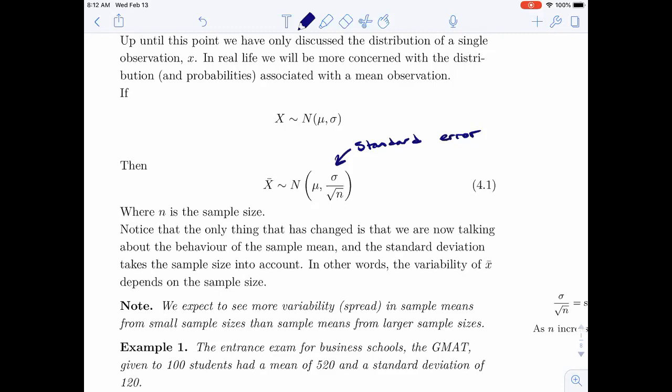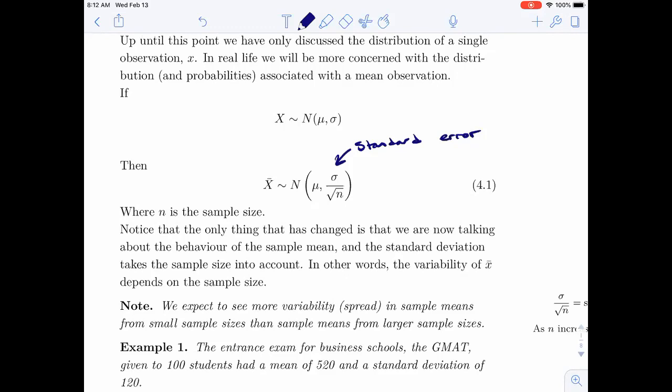So anyway, that's an important concept, but it's also not that far-fetched, right? Because as we collect more and more of our population into our sample, we expect it to become more stable, right?